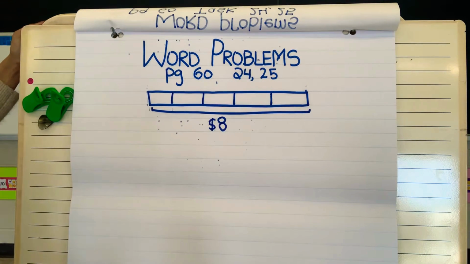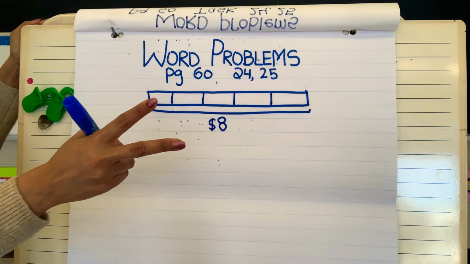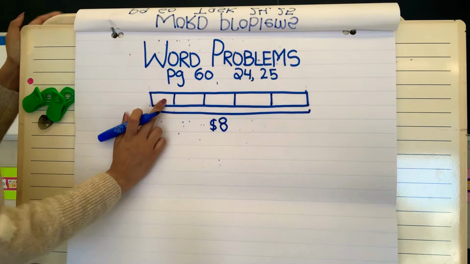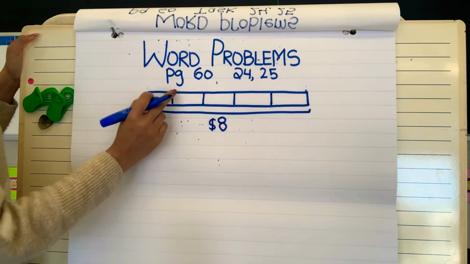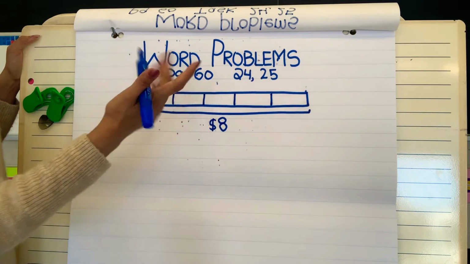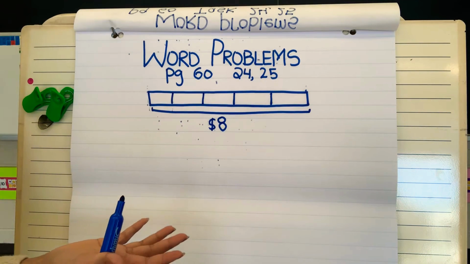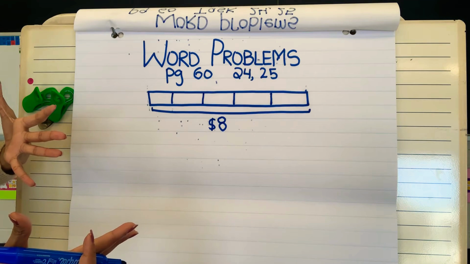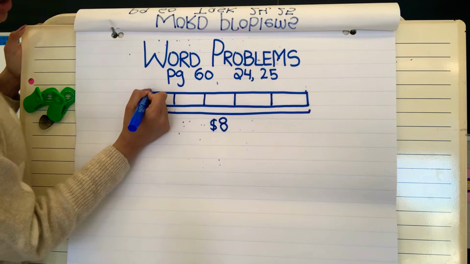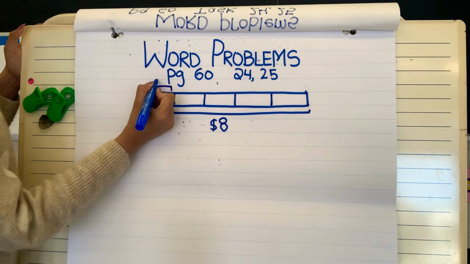Now, how much did 2 boxes cost? They're asking how much 2 boxes cost, so 1 unit, 2 units. But before we start finding 2 boxes, we actually need to find the value of 1 first.